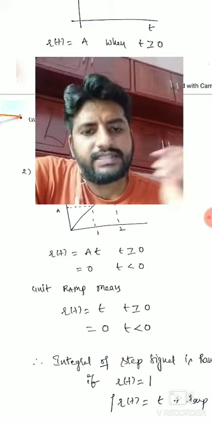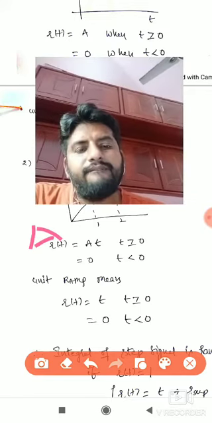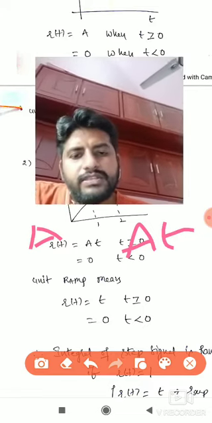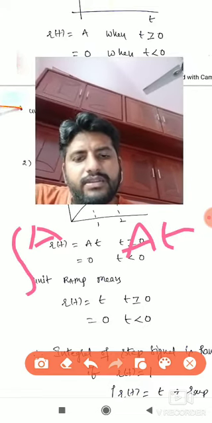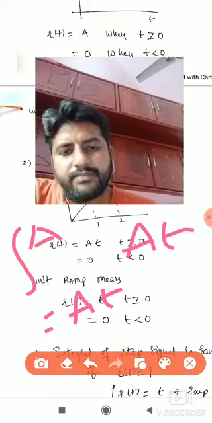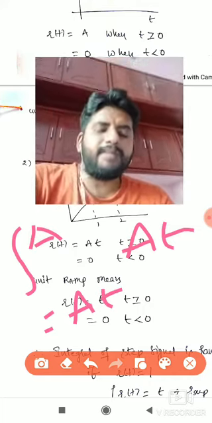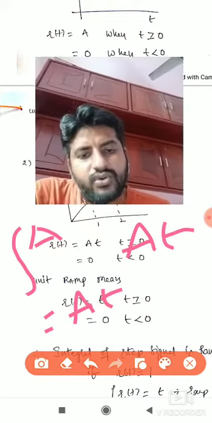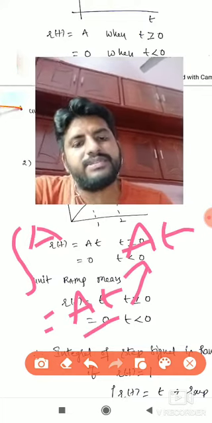One important note is this. You know that for a step signal, the equation is r(t) is equal to A. For a ramp signal, what is the equation? At. So if you integrate the step signal, you will get At. Integration is with respect to a particular region in the time domain. If you integrate this step signal, you will get At. So this is called a ramp signal.